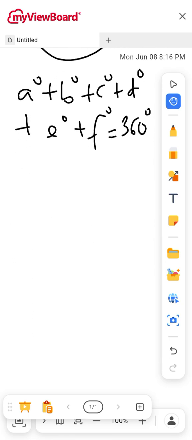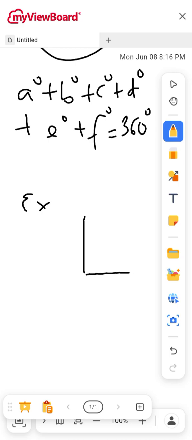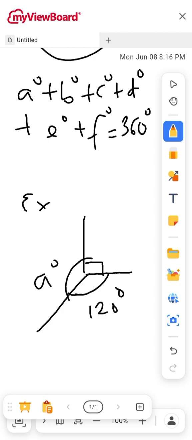Now, how do we apply this to solve our day-to-day problems? Let's say you have a question that looks like this, and they call this place 120 degrees, and they ask you to find the value of A here. So, if you connect all the dots together, you will see that it gives you the shape of a circle.